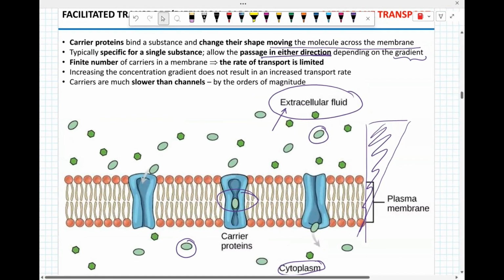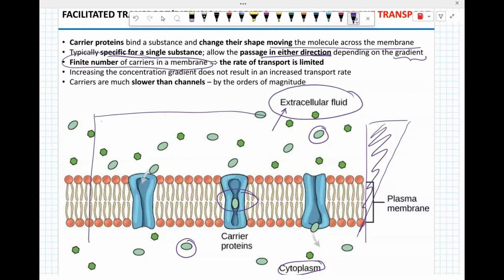The rate of the diffusion that's mediated by carriers is limited. First and foremost, it is limited by the number of carrier molecules in the membrane. Since there are only so many carriers, it doesn't matter how steep the gradient is.